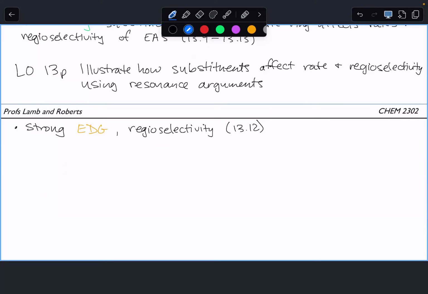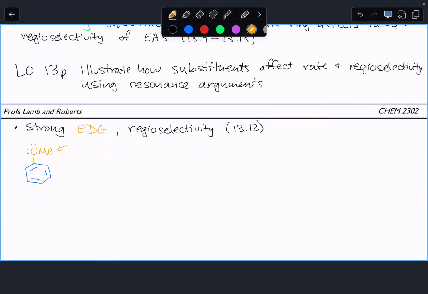This is where knowing how to draw Lewis structures is very important, because identifying if something is a strong electron donating group means that you need to be able to tell if there are lone pairs on the atom attached to the ring.